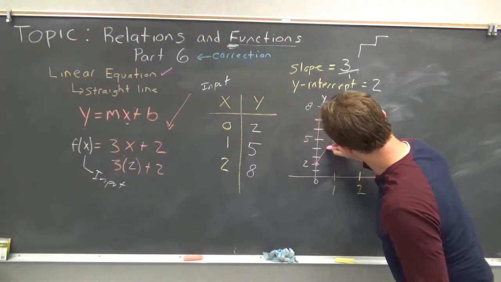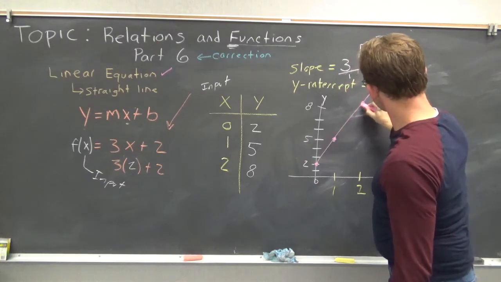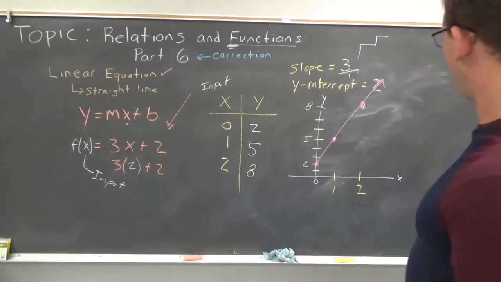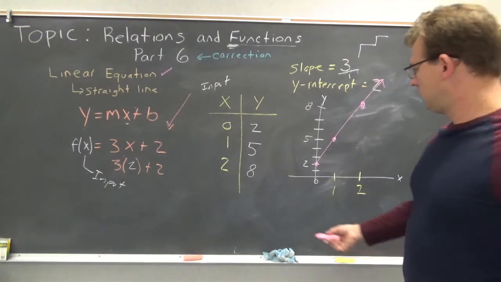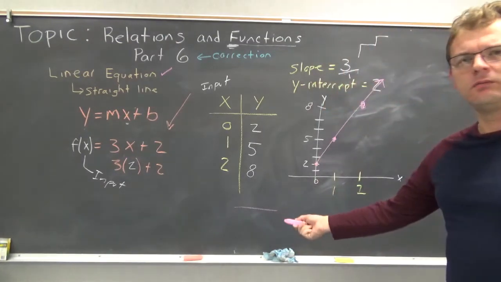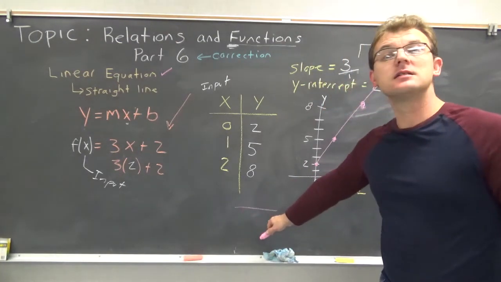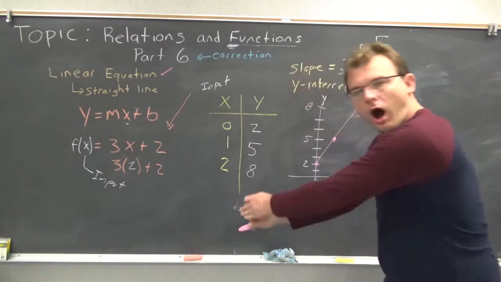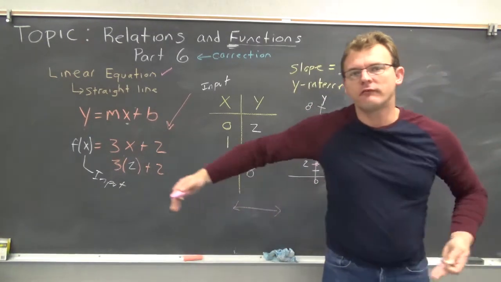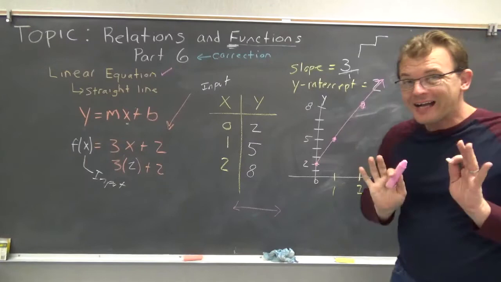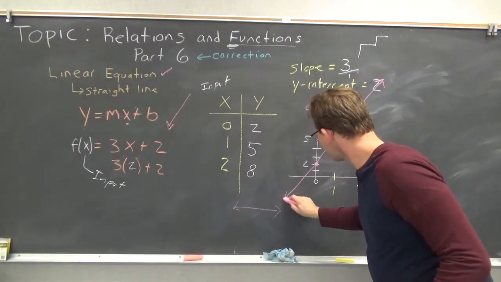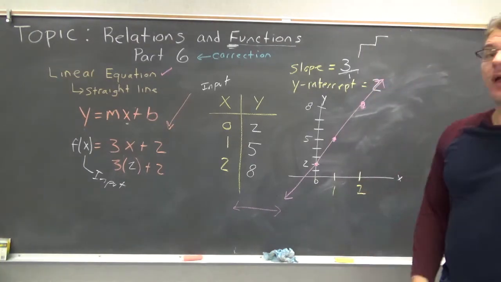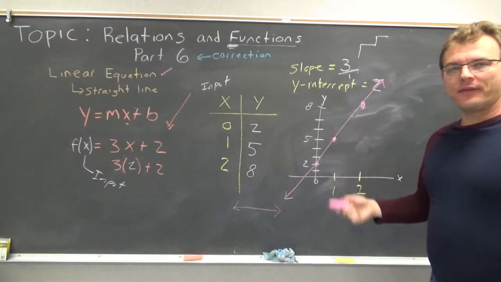So it goes like this. Make it bigger, exaggerate. A piece of graph paper would be a lot better. But remember, a line doesn't stop. Well, it stopped because I made it stop. But really, a line goes on and on forever. So this line should go on like that, because it's a line.